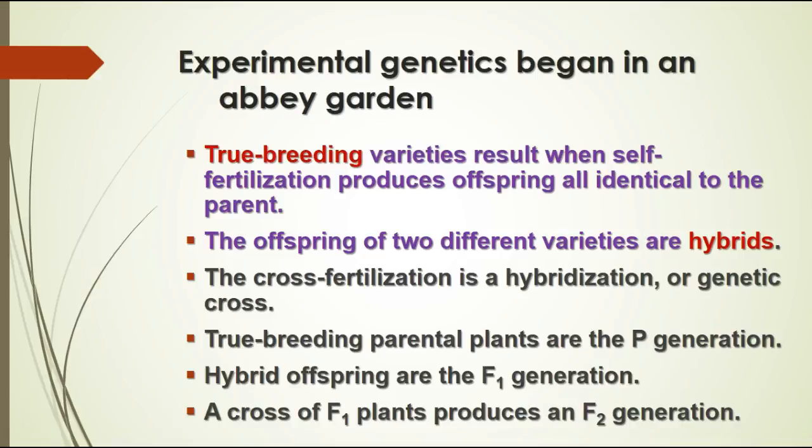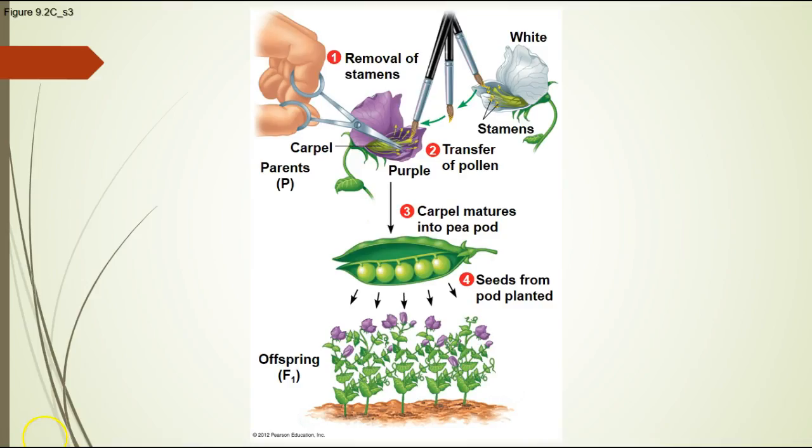The terminology that Mendel used, that we still use today, is calling the true breeding parent generation the P generation. The hybrid offspring of two parents with different traits would be the F1 or first filial generation, and then a cross of two F1 plants would produce the F2 generation, just so you know what the terminology means as we go through this.